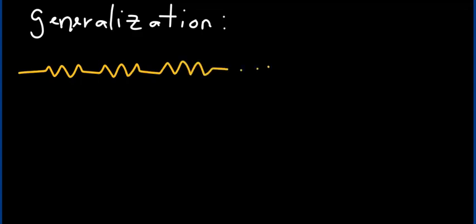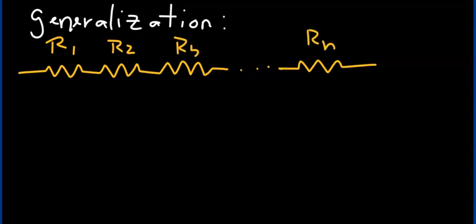Let's generalize this result. Instead of 2 resistors, let's say you have n resistors in series, like that. So the first resistor has resistance R1, then R2, R3, all the way to Rn.